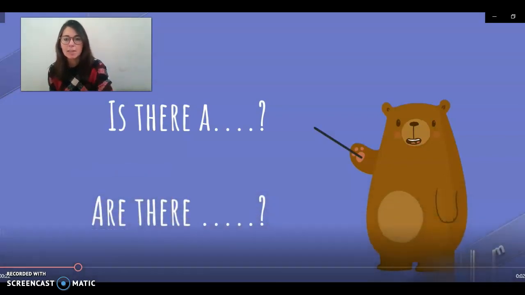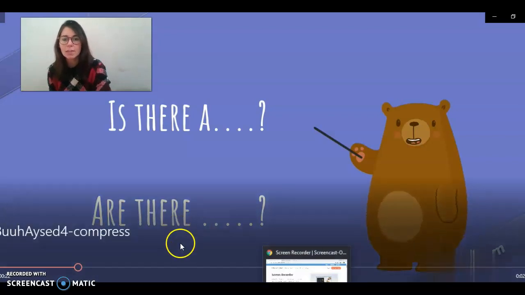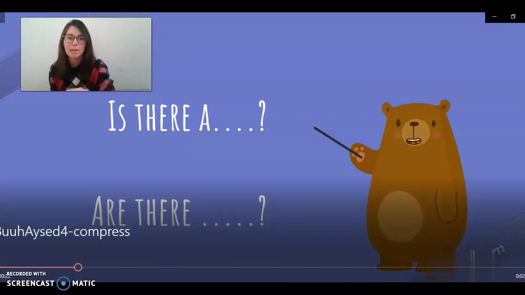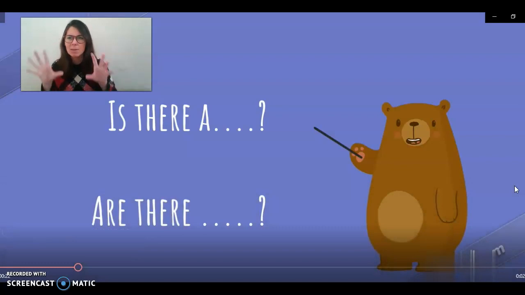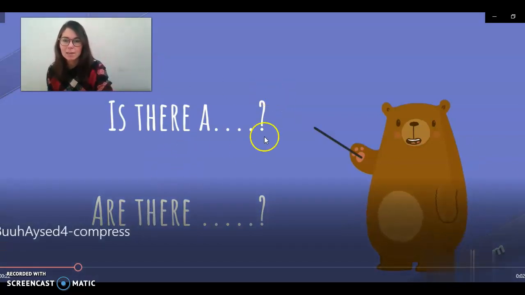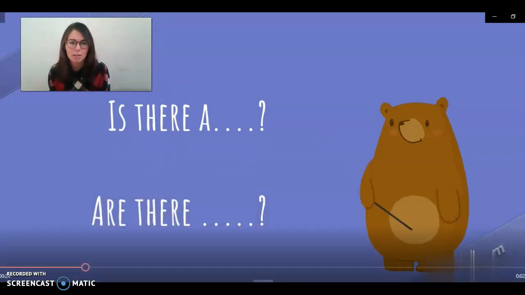So, are there schools, are there shops, are there firefighters, are there children, are there many pencils, etc. So, is there, cada vez que hay solo una cosa, are there, cada vez que queremos saber si hay muchas cosas.